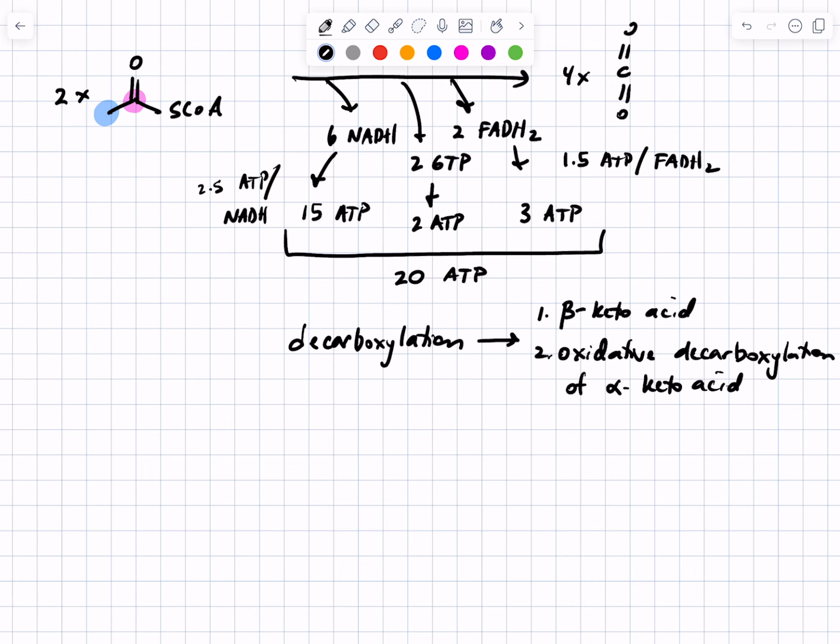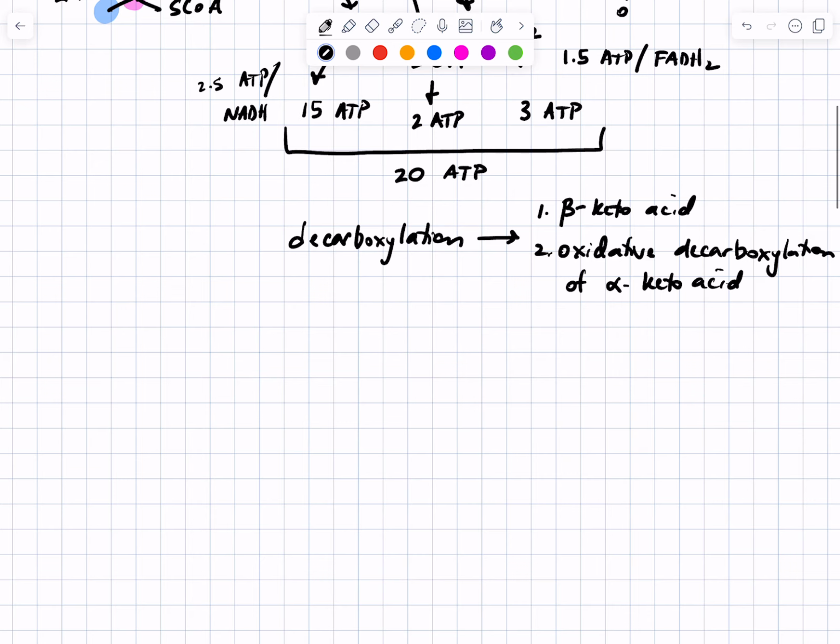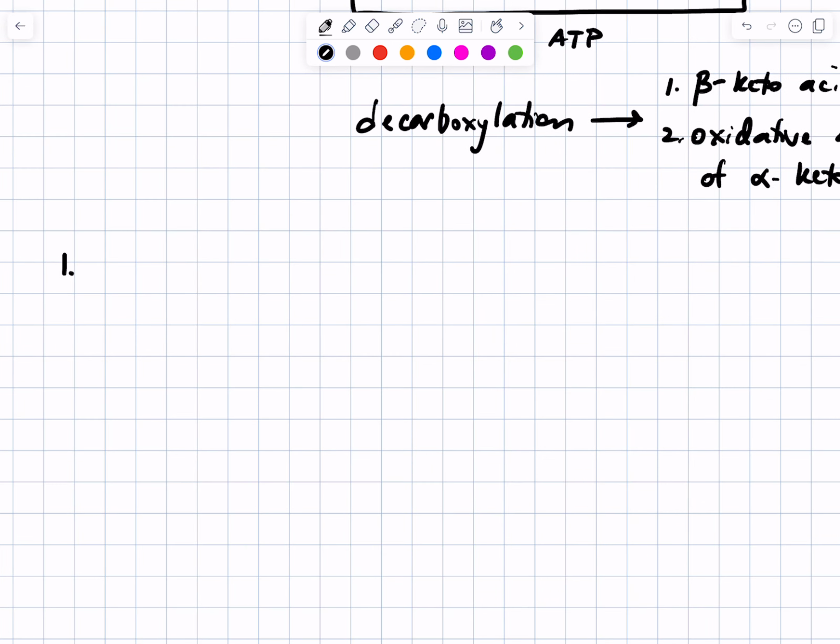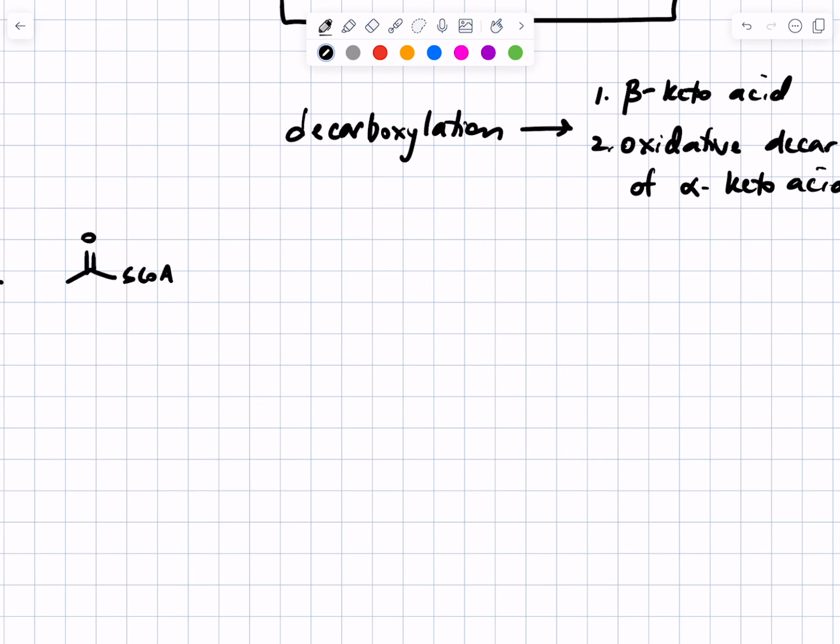Those are the steps where if you can get to that point, then we can lose CO2. All right, so try to have a sense for the general chemical logic of this. Step 1 of the citric acid cycle involves one equivalent of acetyl-CoA and then a ketone starting material that's called oxaloacetate.